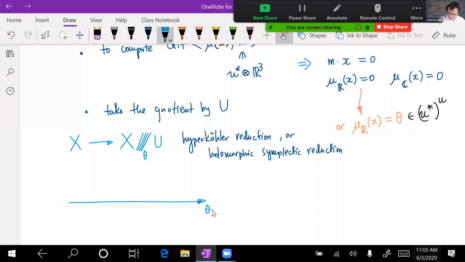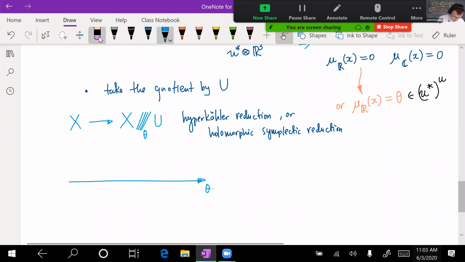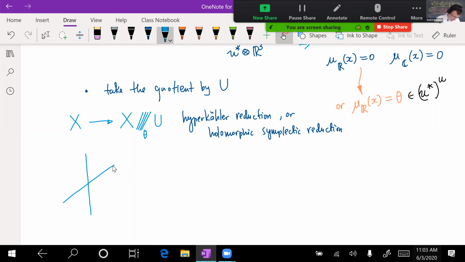And maybe there's some stratification of these thetas, where you get different quotients: how the theta stable locus depends on theta is also described by some stratification, just like that.